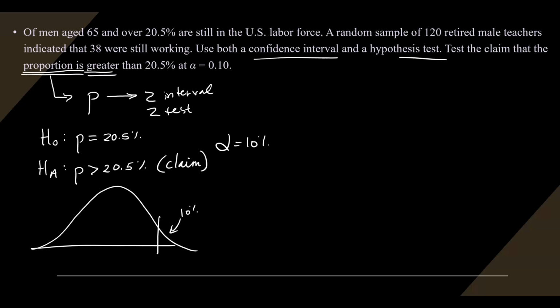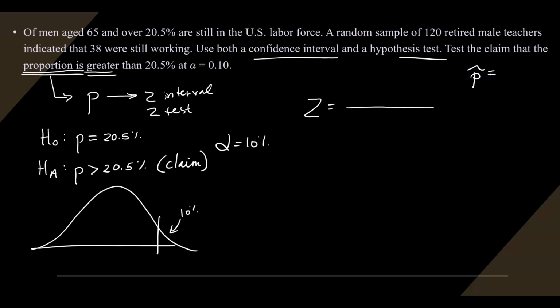Now that I have everything set up, I know what parameter it is, which is proportion. Now I'm going to calculate my z-test statistic. Feel free to pause here and do your z-test statistic on your own, and then compare it with me. All right, so before I can calculate that, first of all, I need my p-hat.